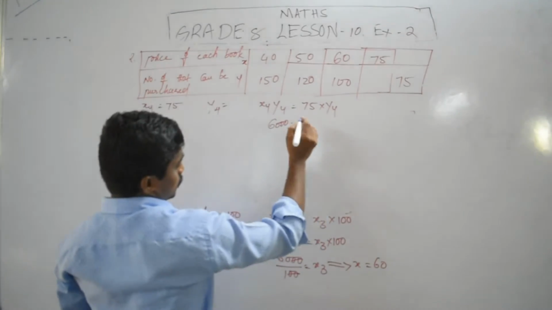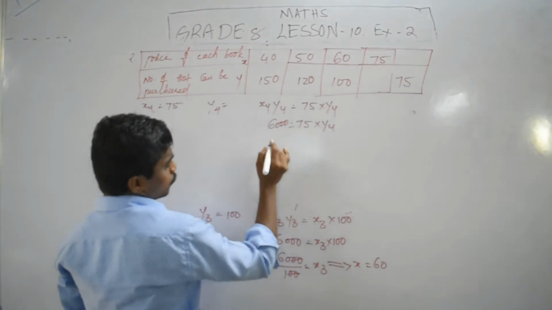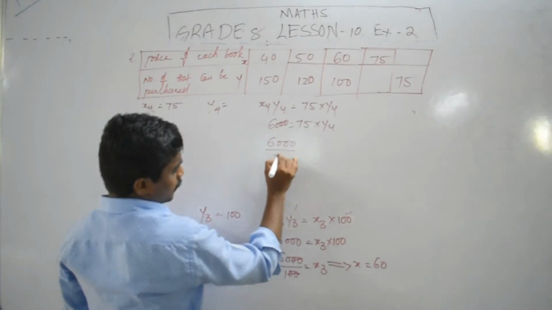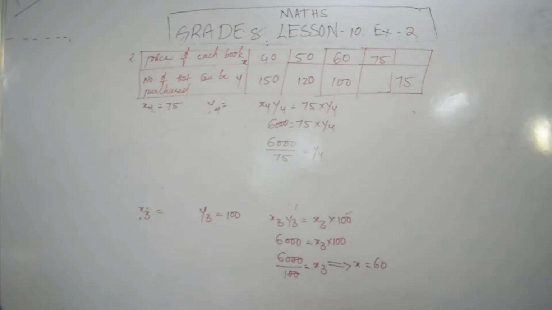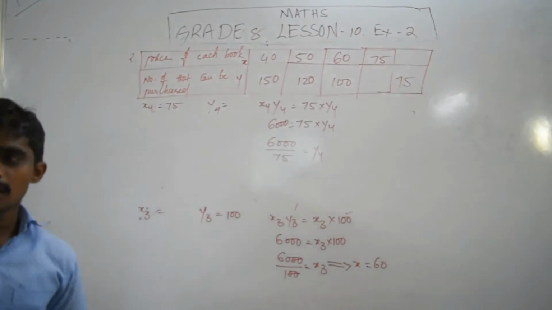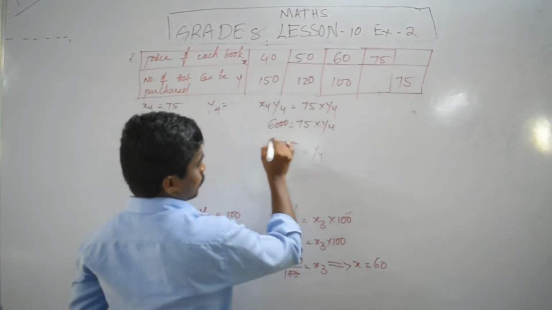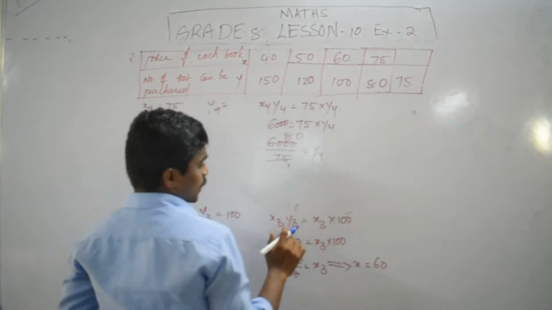So how much? 75 cross out to y4. 75 moving this side. 6000 by 75 is y4. 75 table where? 75 1s are 75, 75 2s are 150, 75 4s are 300, 75 8s are 600. So 80. y4 80. Next one.